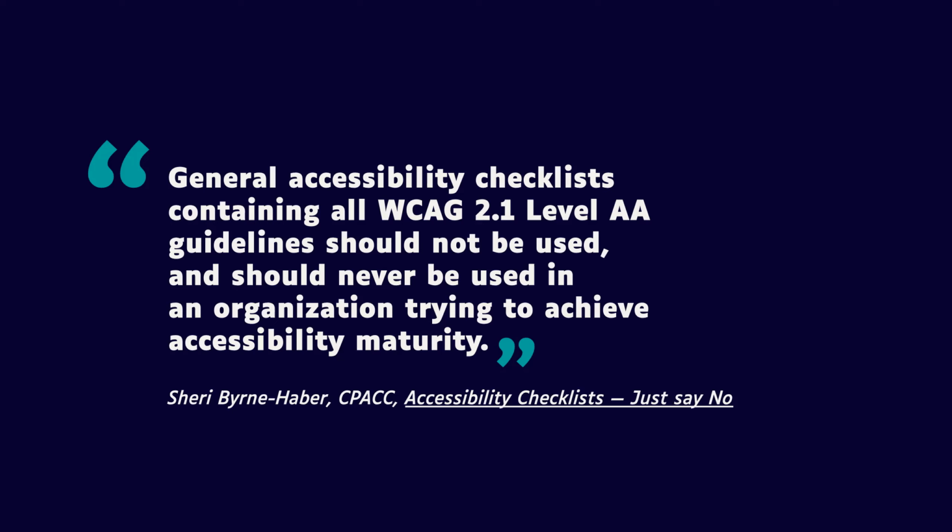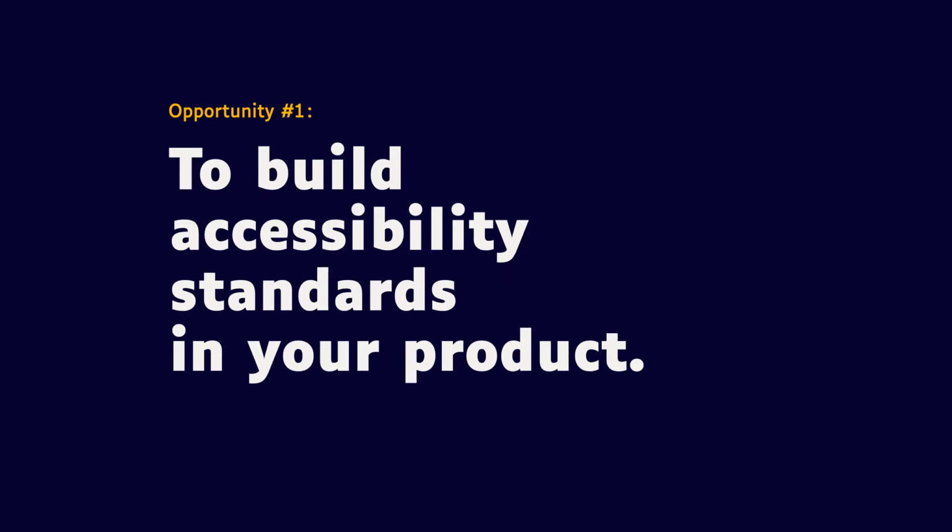And to justify my point, I'm going to talk a little bit about why I think accessibility checklists are useful. I see several opportunities there. I'm going to go through each of them one by one.